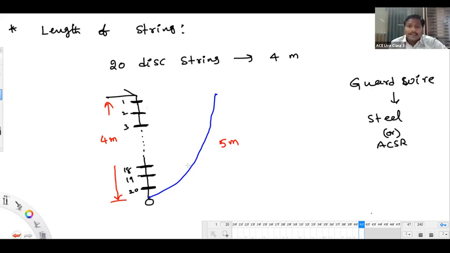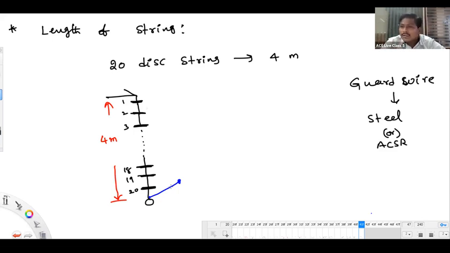But if you use a short length of guard wire, may not be 5 meters, maybe only half a meter or 1 meter, then it will stand perfectly. If you use a large length of guard wire, mechanical stability is less. That's why it is suggested to go for a short length of guard wire.